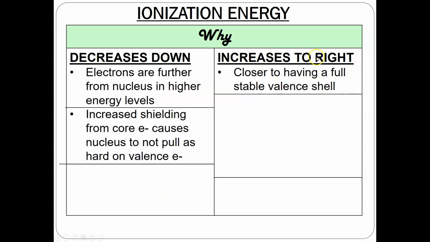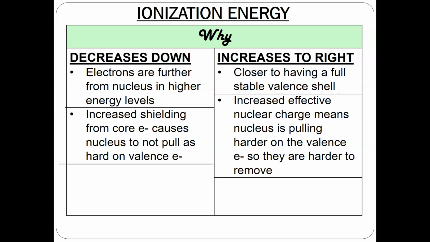Now, going to the right, you're closer and closer to having a nice stable valence shell. The closer you are to a stable valence shell, the less likely it is to be able to take an electron away. You have an increased effective nuclear charge. Your nucleus is pulling harder on the valence electrons, so they're harder to remove.